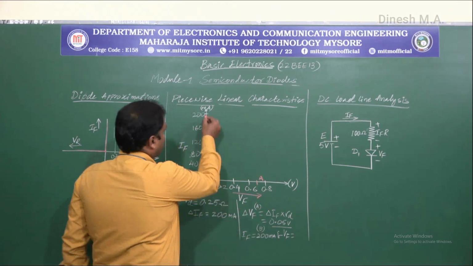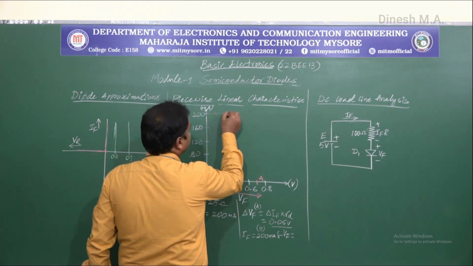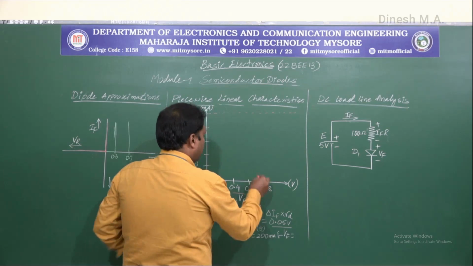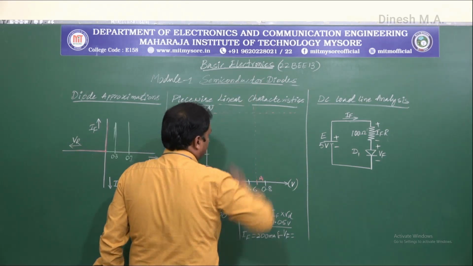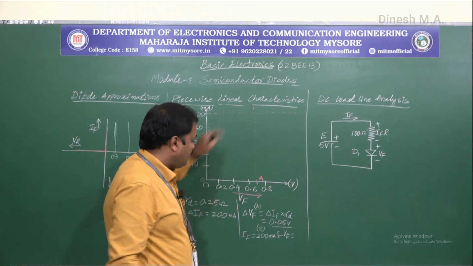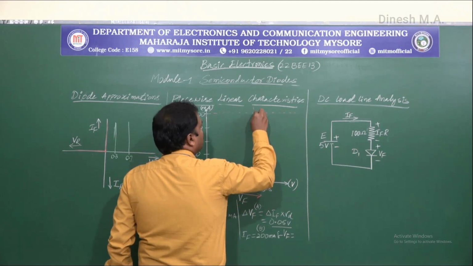So let us take IF of 200 milliamperes, okay, and then this is 0.7 volts plus 0.05 volts, maybe somewhere here.